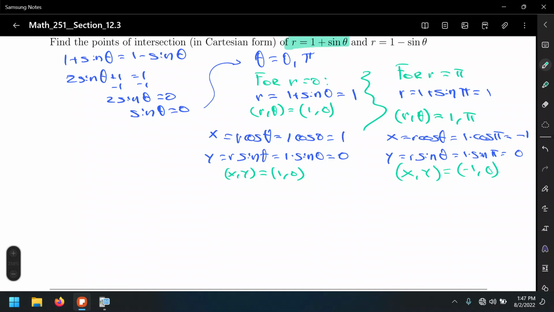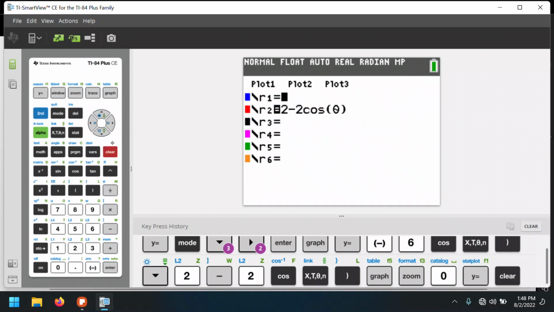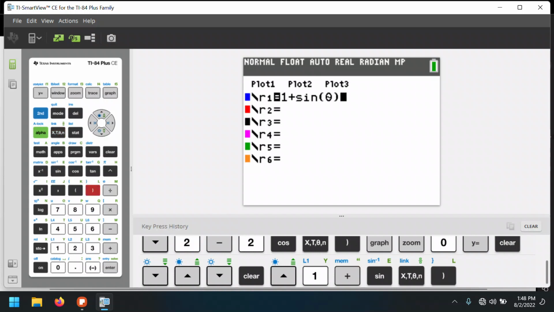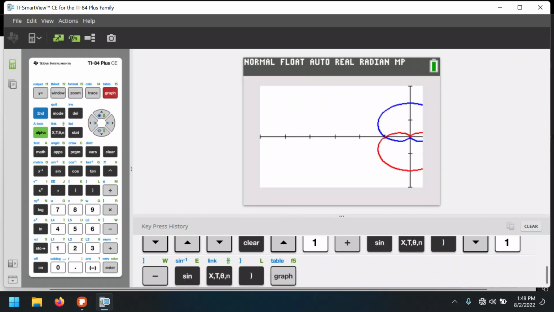How about we go to our graphing calculator to find out if this is true or if we're missing any information. All right, so clear every other equation that you had there and type the new one. So that's 1 plus sine and 1 minus sine. And let's graph.